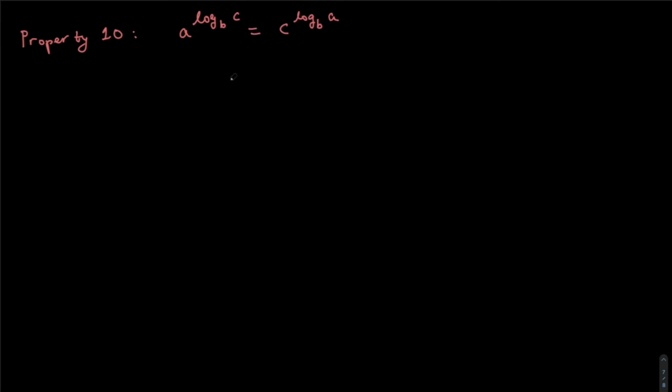Maybe let's take a look at an example. Let's take 4 and 16. Log base 4 of 16 is 2, so 4 raised to the power log base 4 of 16 is 2 squared, which gives us 16.